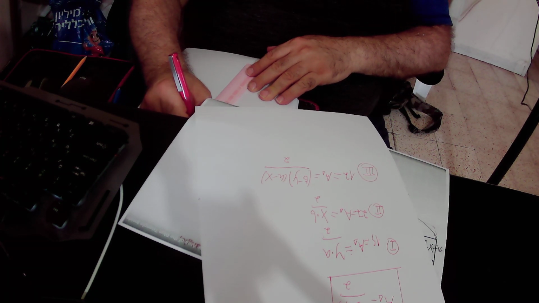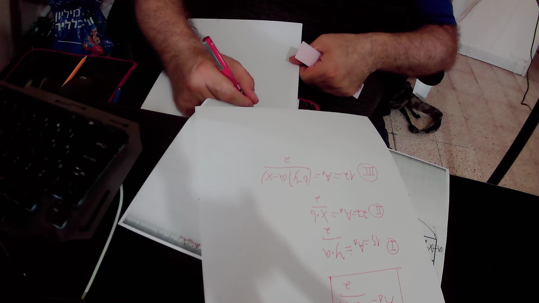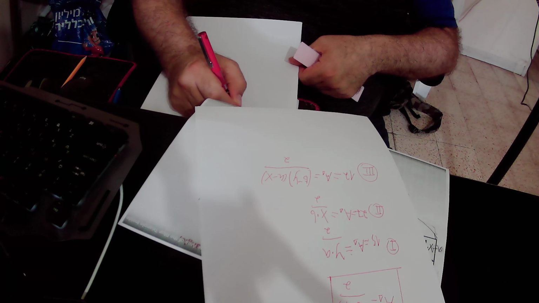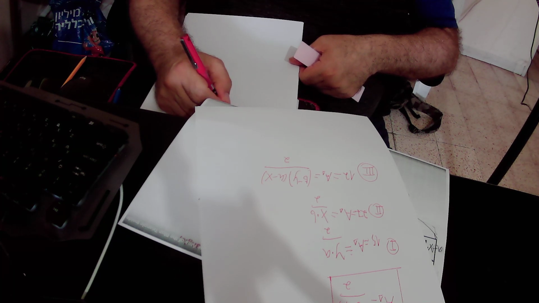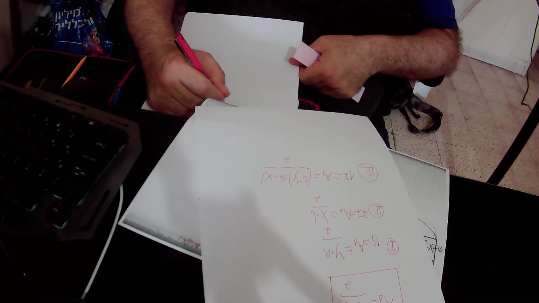First of all, we will write again the third equation: 12 equals b minus y, that is the base of the triangle, times the height of the triangle, that is a minus x, all divided by 2.